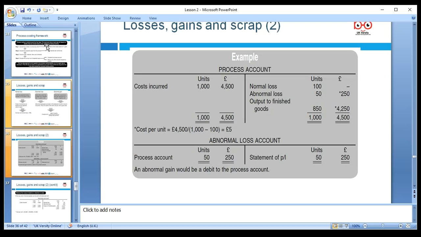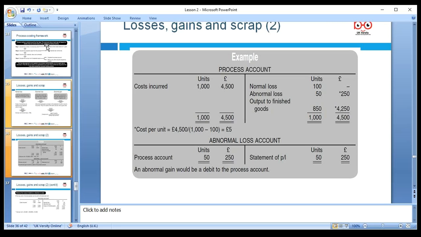We should have produced 900, so 50 is the abnormal loss. Times £5 per unit, that will be £250 worth of loss.